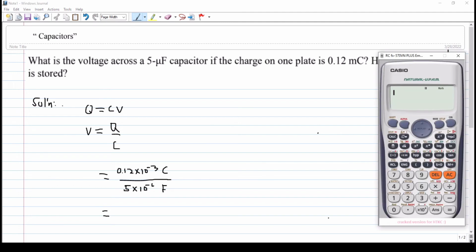To calculate 0.12 over 5 times 10 to the power negative 6. Okay, so that is 24 volt.